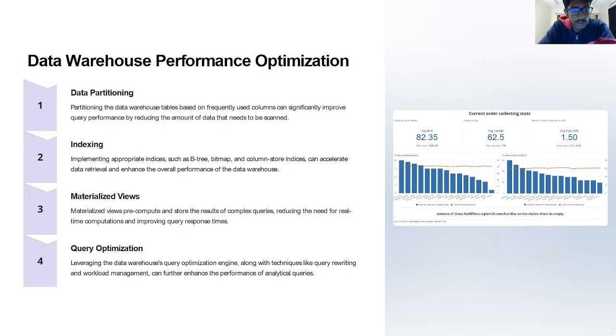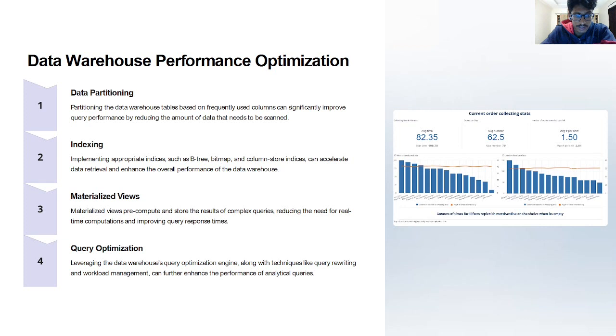Now let's talk about data warehouse performance optimization, and how performance can be optimized using various techniques. Data partitioning: partitioning the data warehouse tables based on frequently used columns can significantly improve query performance by reducing the amount of data that needs to be scanned. Indexing: implementing appropriate indices such as B-tree, bitmap, and column store indices can accelerate data retrieval and enhance the overall performance of the data warehouse.